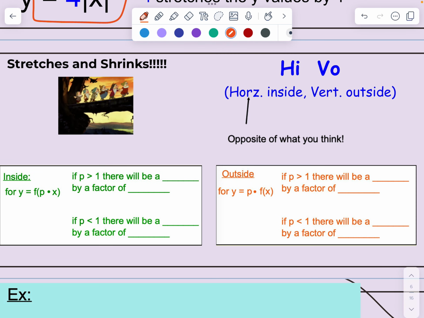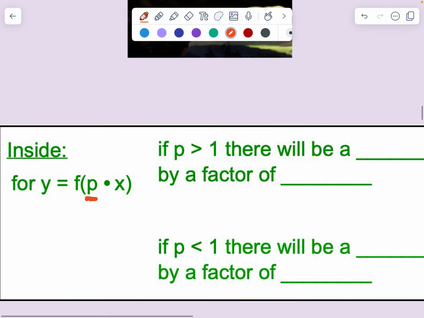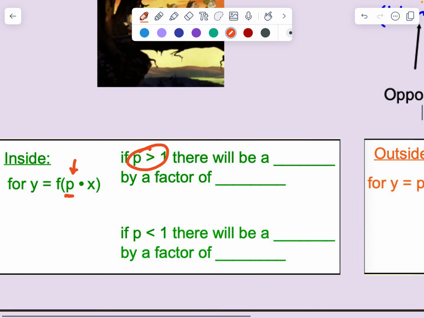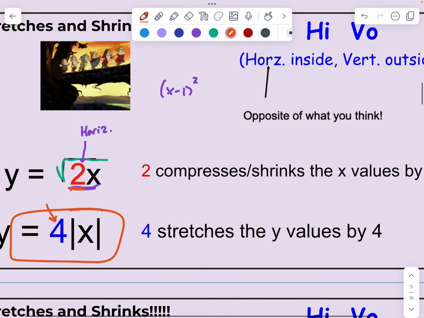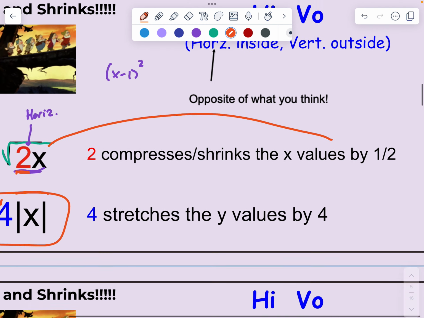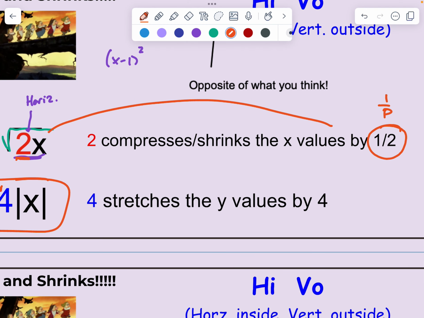This is like the official, very mathy definition of how this works. When we are inside, right, when I apply the letter P there, if P is greater than 1, if P is above 1, that is going to be a shrink by a factor of 1 over P. It's kind of the opposite. So like this one, P was 2, and this is a shrink of 1/2, 1 over P there.